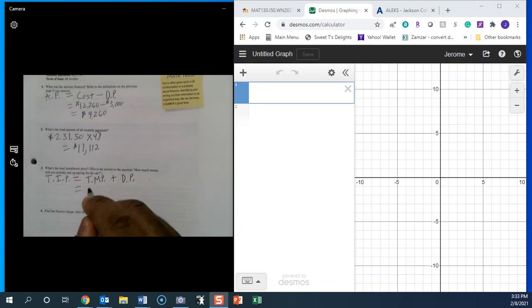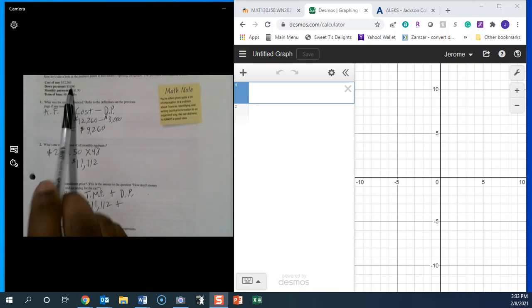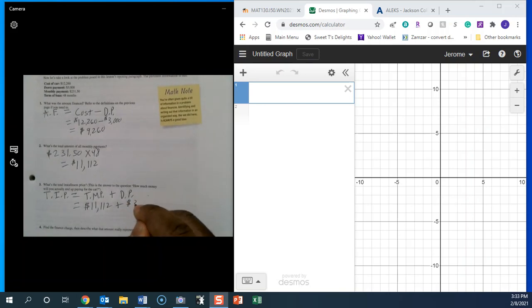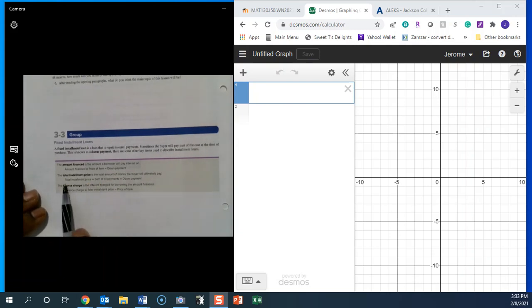So the total monthly payment was the $11,112 that we got back in problem number 2. And then we have to add the down payment, which we know up here was $3,000. So now we will add those two together, and our total installment price will be $14,112. And that would take care of the total installment price.